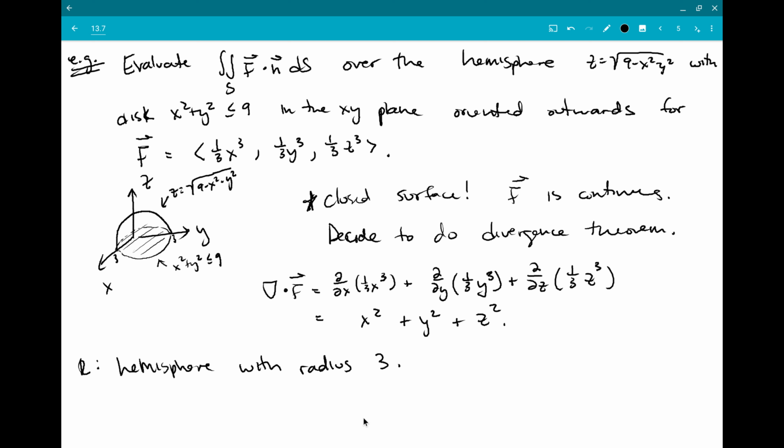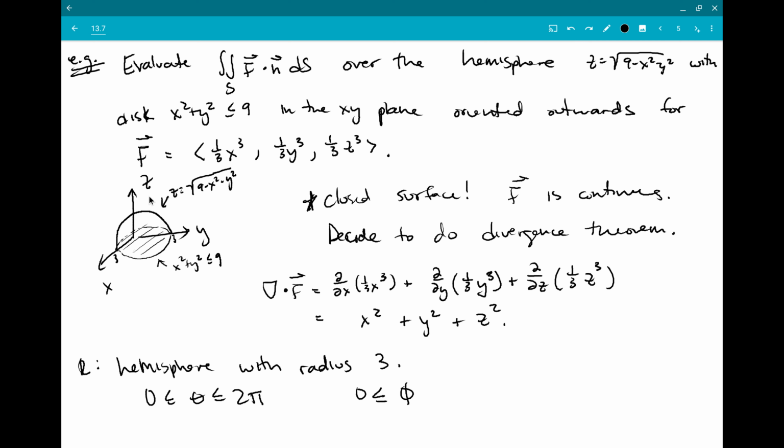with radius 3. So since it's a hemisphere, I think spherical coordinates are going to help me out here. So my theta spins all the way around. I've got a full circle disk in the xy plane, so I know that theta should go from 0 to 2 pi. My phi starts up here, and then it ends down here.